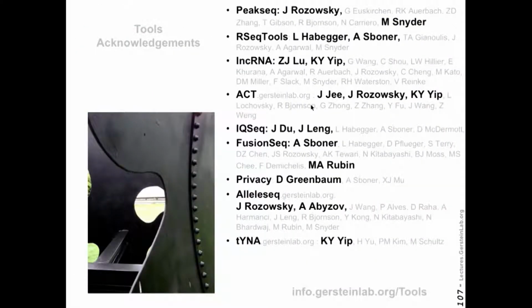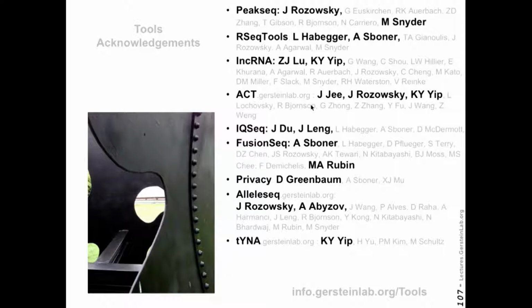And then the tools acknowledgement. There are just a lot of people here, so these are just different little tool sets involved. You can see Joel was involved in the PeakSeq tool. The privacy stuff in the MRF is really Lucas Habegger and Andreas Sboner, and also Doug Greenbaum developed that framework.